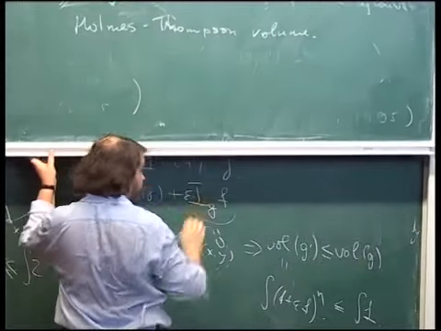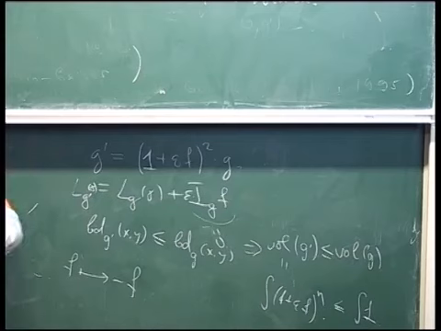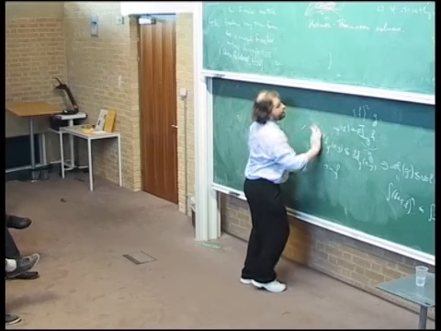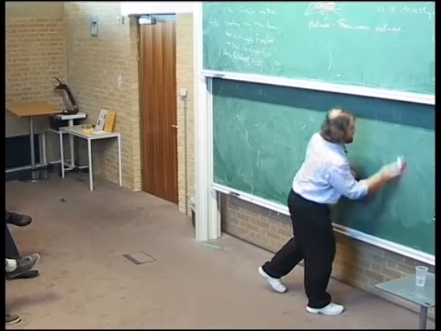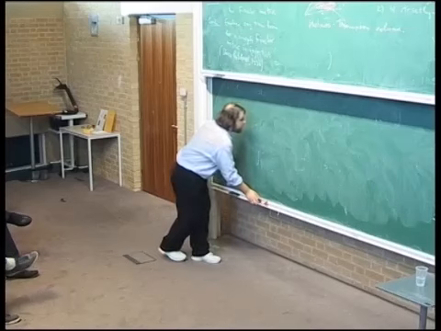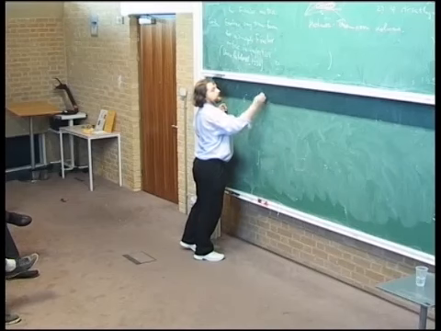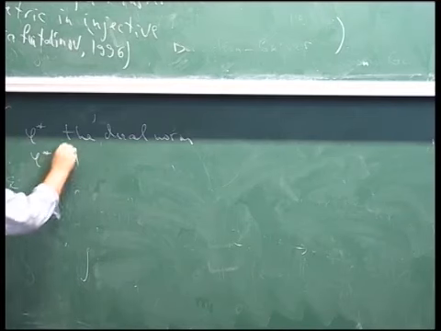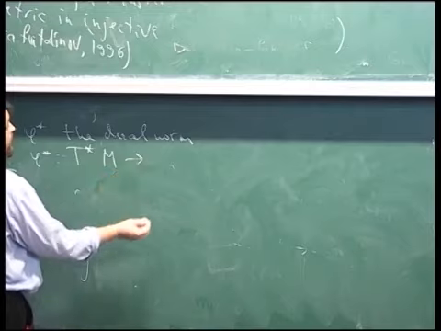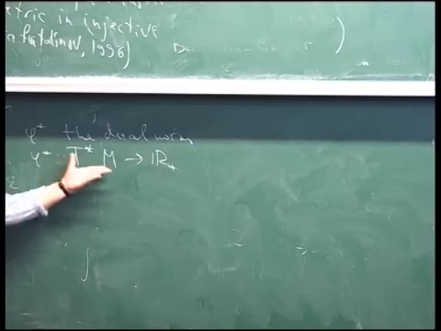Which is the following thing. First of all, you consider the dual norm on the cotangent bundle. Phi star is the dual norm, which is a map from the cotangent bundle to the non-negative reals, which is the pointwise dual norm.